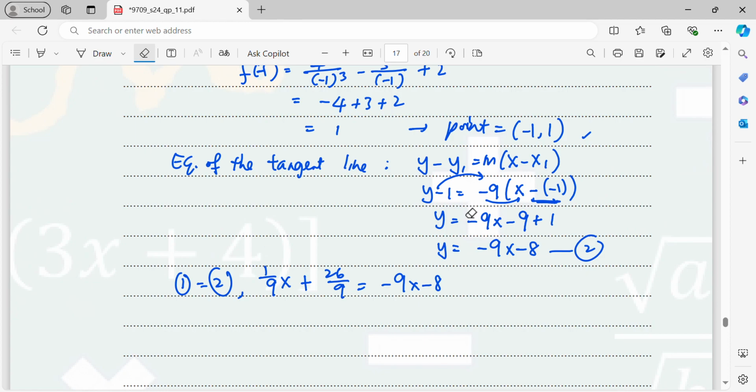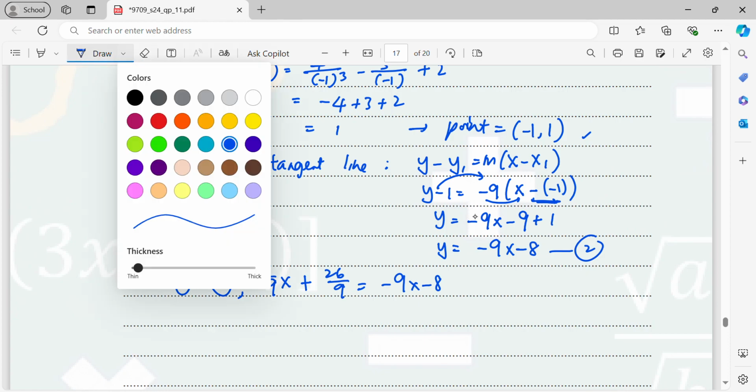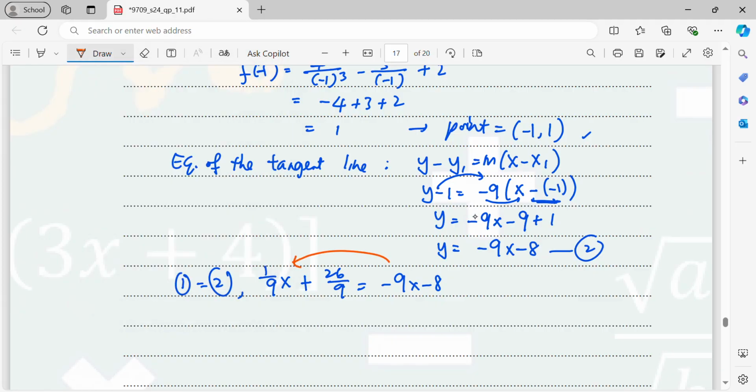Now solve for x. Move minus 9x to the left hand side and 26 over 9 to the right side. So I get 1 over 9x plus 9x equals minus 8 minus 26 over 9. The left side gives 82 over 9x, and the right hand side is minus 98 over 9.